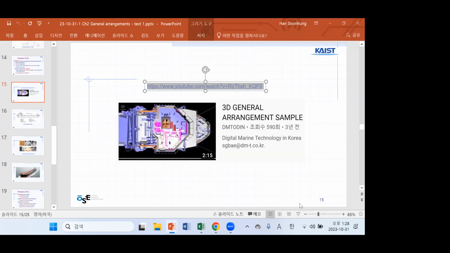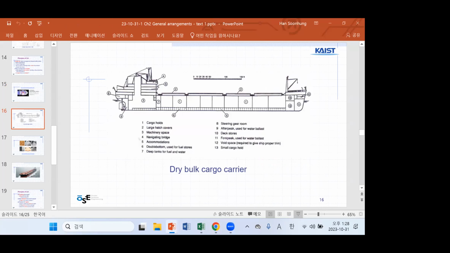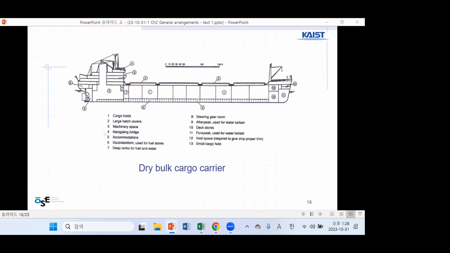So this is a dry bulk cargo carrier. If you have experience in ship designing, when you see a ship profile like this one, you can find out what type of ship it is.